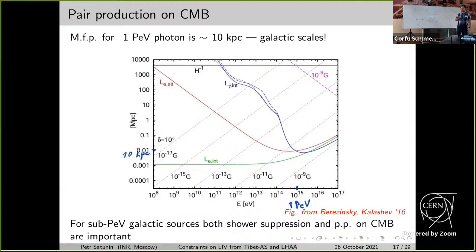You can see that for 1 PeV, pair production on the CMB is the most effective, and the mean free path for these photons is 10 kiloparsec. That is really galactic scales. So for sub-PeV gamma rays from galactic sources, you should take into account the process of pair production on the CMB and the process of shower formation as well.